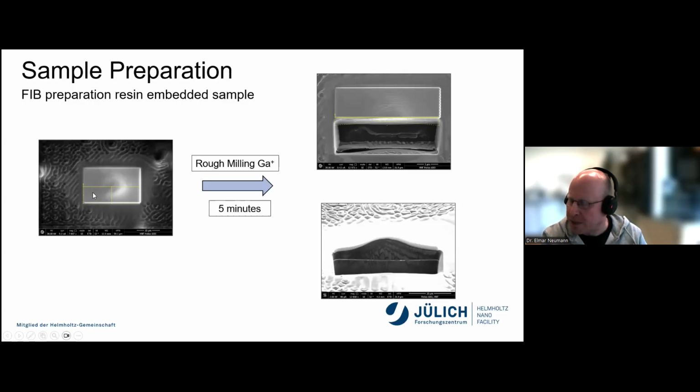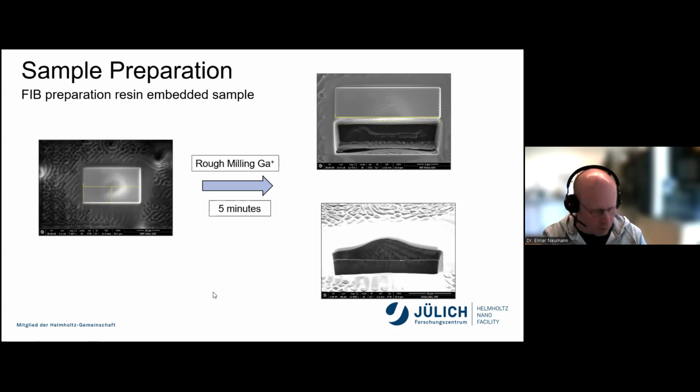Yellow always means taking away something. So the beam removes material from here quite quickly, quite roughly. We would like to have a look at the center of what we suspect to be a cell. At the end of this process, it looks like this: we have a huge trench in here, looks very dirty.